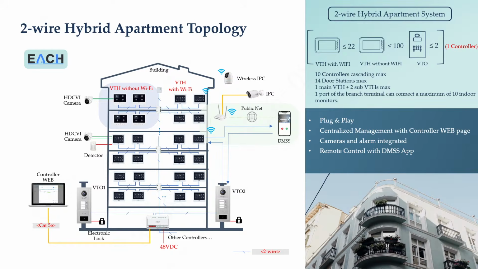You can speak with your visitor, and you can open your door using your phone or your VTH. So the core idea is that the VTH can connect to the local Wi-Fi. You can install this system quite easily, it is plug and play, not so difficult.